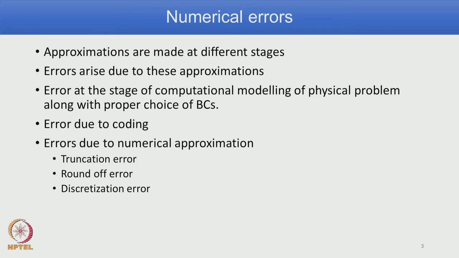One more type of error is due to numerical approximation. There are 3 possibilities. One is truncation error, another is round off error, and the third is discretization error. So, we will now focus mainly on the error associated with numerical approximation.